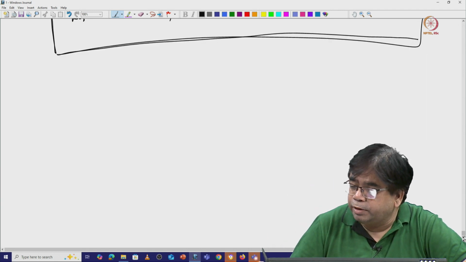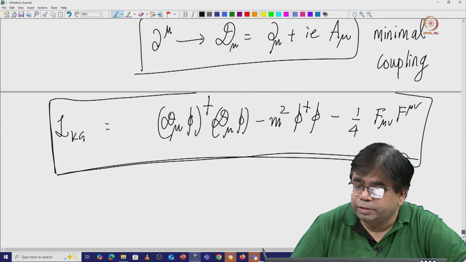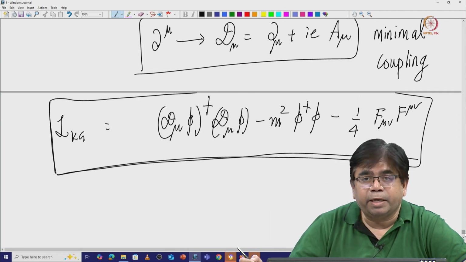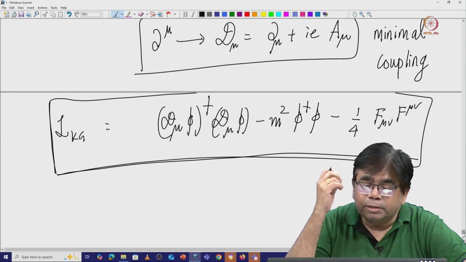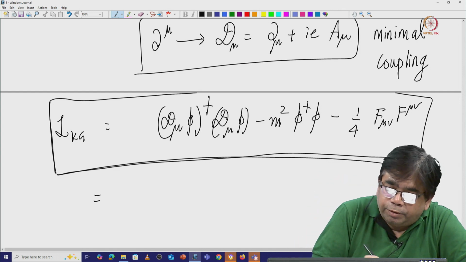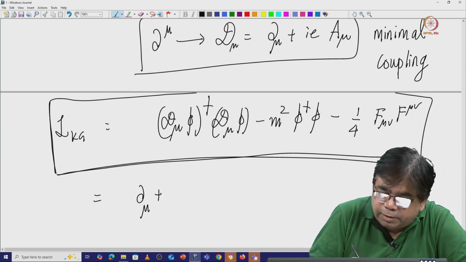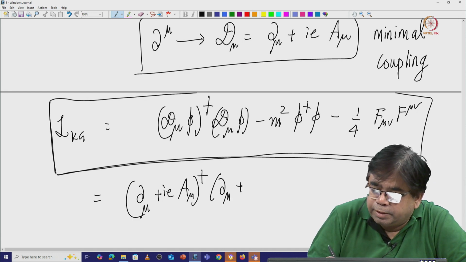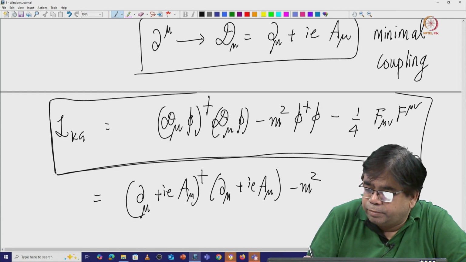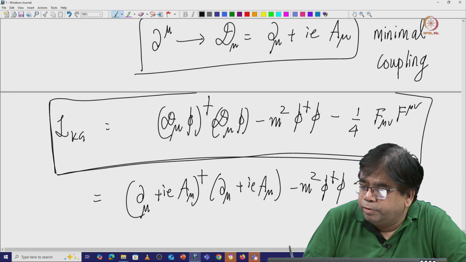So the total Klein-Gordon Lagrangian in the presence of an electromagnetic field is this. Now, if we expand this, you have (del mu plus i e A mu) phi dagger, (del mu plus i e A mu) phi, minus m squared phi dagger phi, minus 1/4 F mu nu F mu nu.